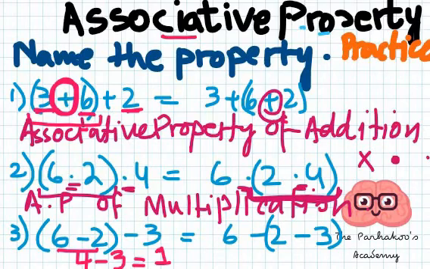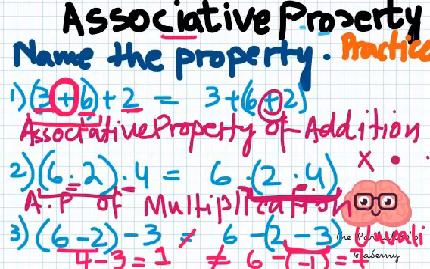And on this side, this is the first thing to be done, so 2 minus 3 is minus 1. We have 6 minus minus 1, so minus minus becomes plus, it would be 7 on this side. So this is not valid, and we know that the associative property of subtraction is not valid.